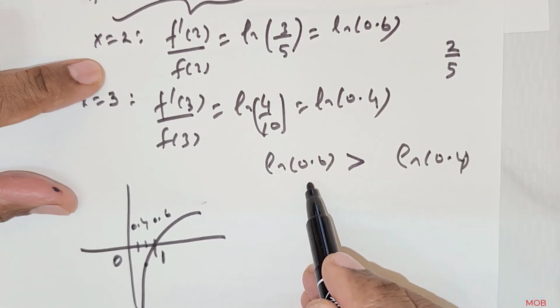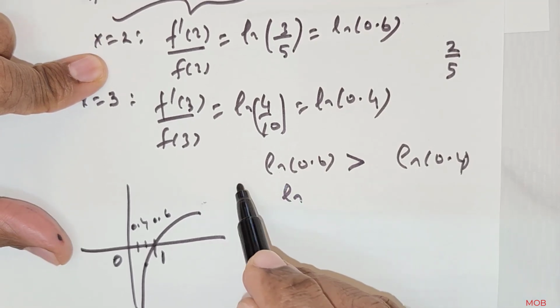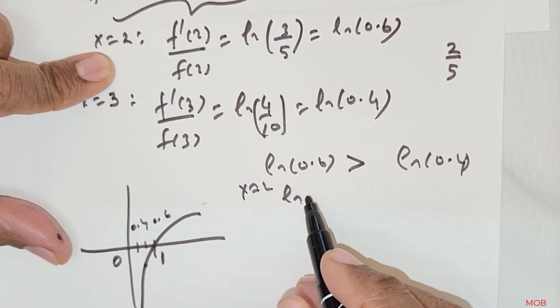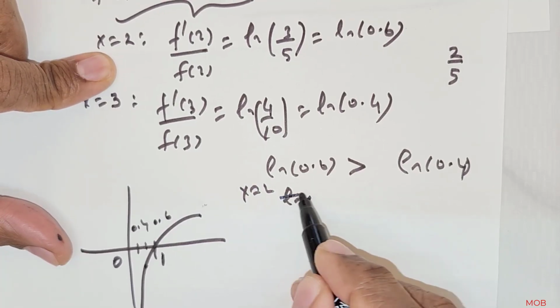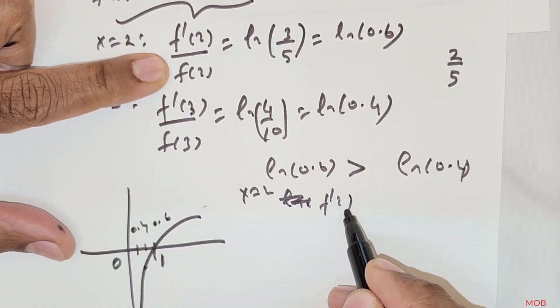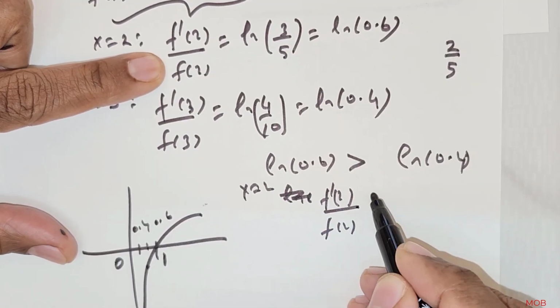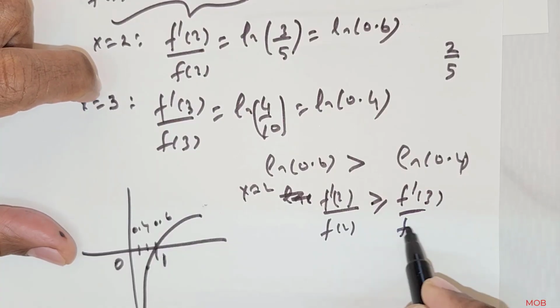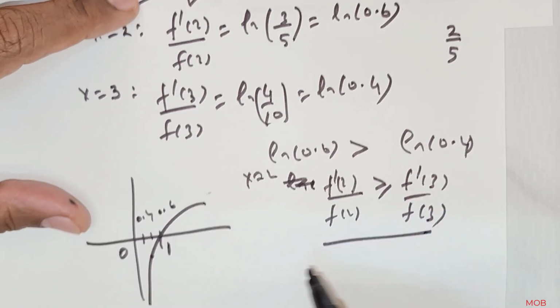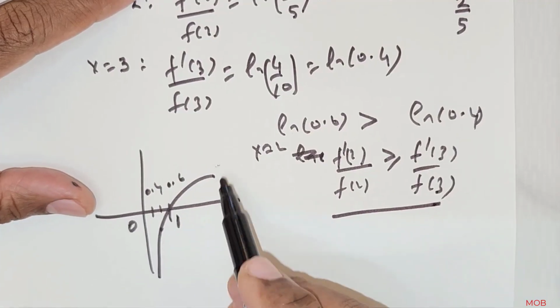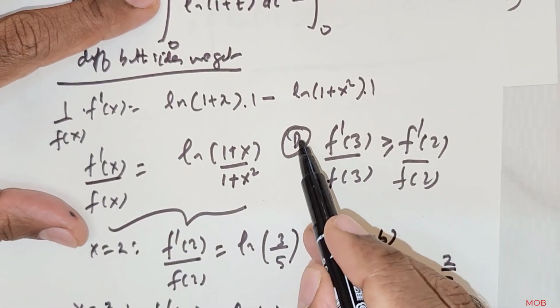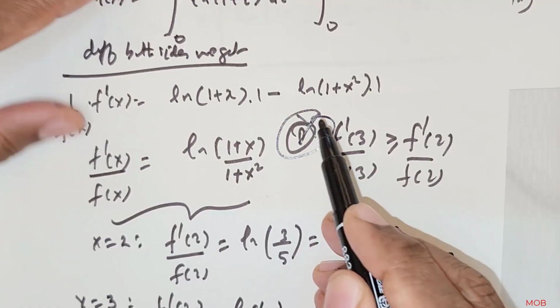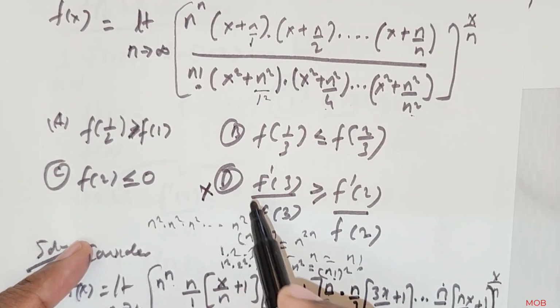But 0.6 corresponds to x equal to 2. So f dash of 2 divided by f of 2 is greater than or equal to f dash of 3 divided by f of 3, from the ln x graph. So this cannot be, and we have to drop D.